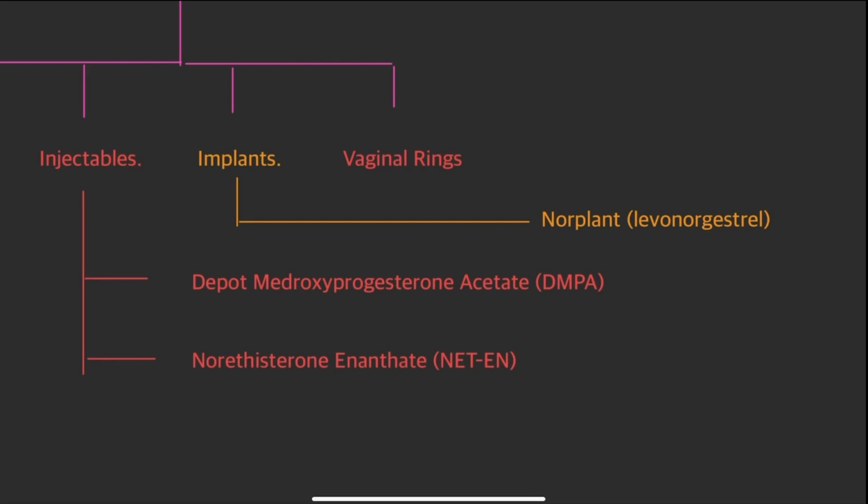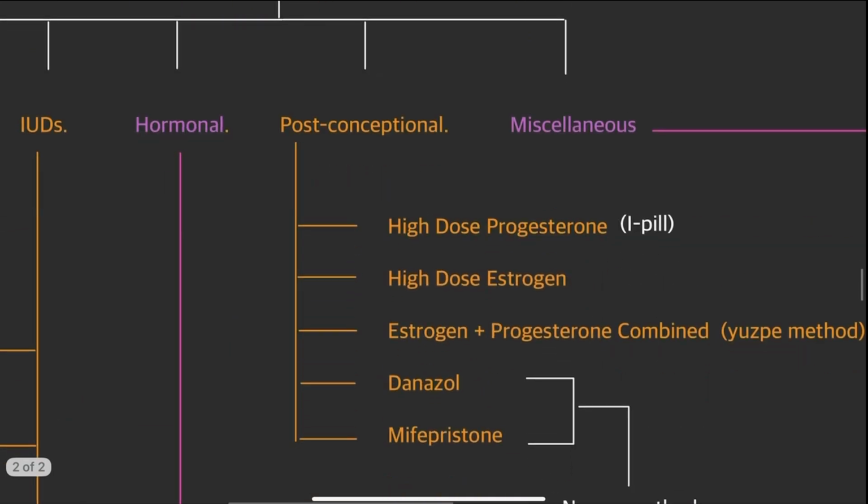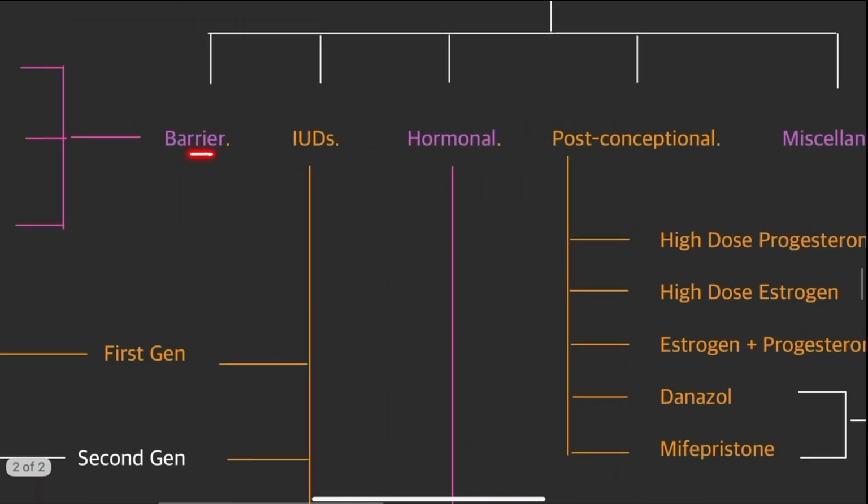You just have to remember that vaginal rings are rings which are kept inside the vagina that constantly release the same levonorgestrel. So we are done with hormonal methods. We are done with barrier method, IUDs, and hormonal method.